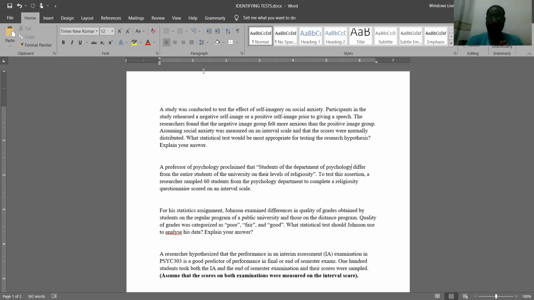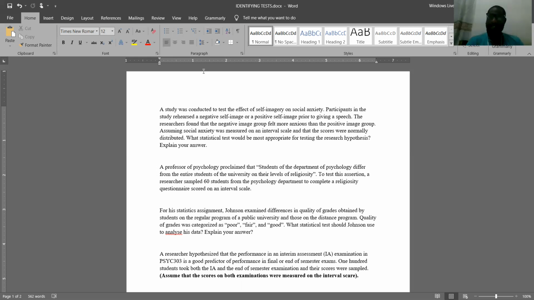You can see they are comparing two independent groups, that's negative self-image and positive self-image. So since they are comparing two groups and the dependent variable is on interval, you're supposed to select independent t-test as the type of test you'll be using.